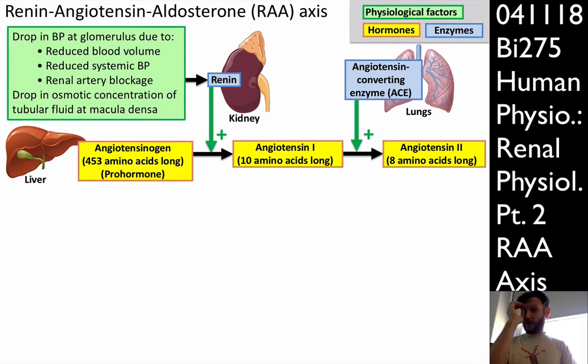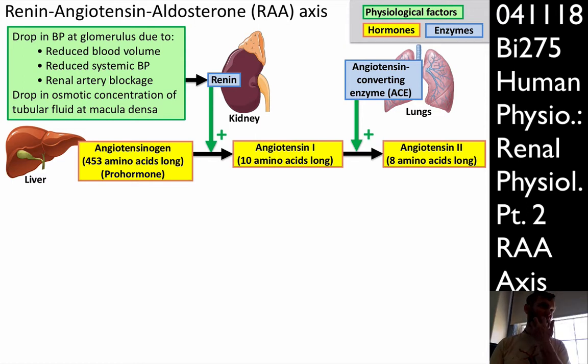This continues to circulate through the bloodstream, and the lungs constitutively produce another enzyme called angiotensin-converting enzyme. Again, it has a peptidase activity that is going to cleave 2 amino acids off of angiotensin 1 and give us angiotensin 2. All right, so this is where the fun starts.